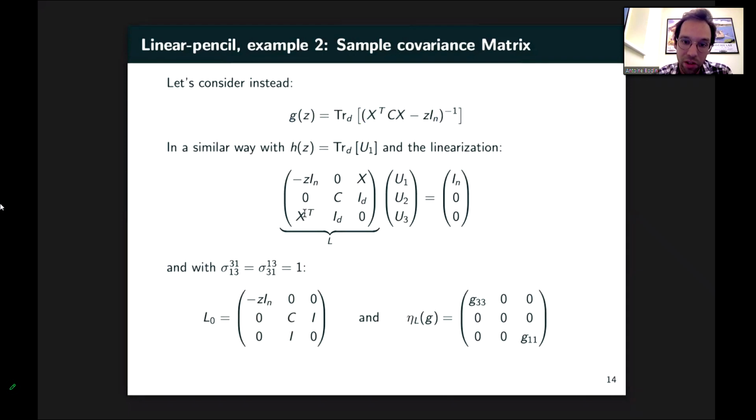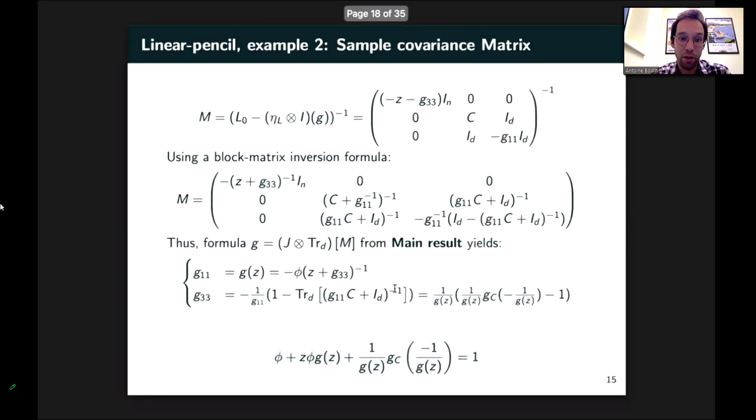So this is just the interaction of X with X transpose. So X transpose is interacting with X as sigma 1,3,3,1 and 3,1,1,3, because the block location 1,3 is X transpose and 3,1 is X. So this is set to 1. Then we have again this operator eta_L of J, which if you use this expression gives you back J33, J11.